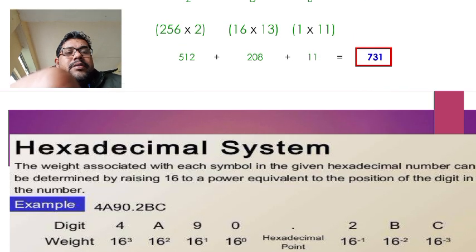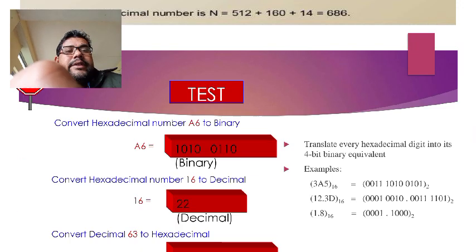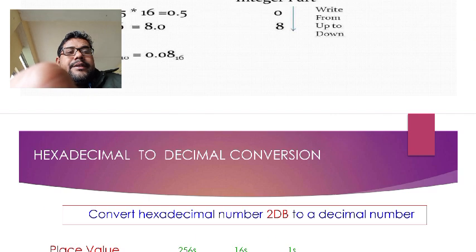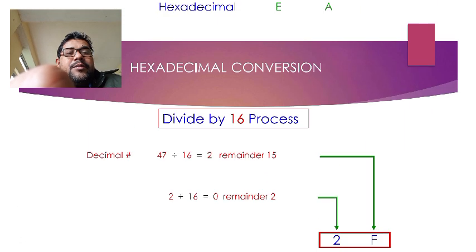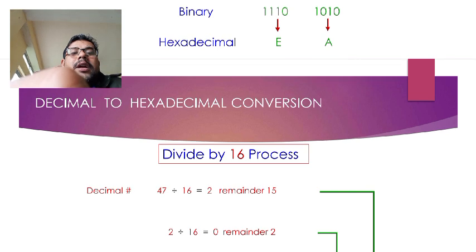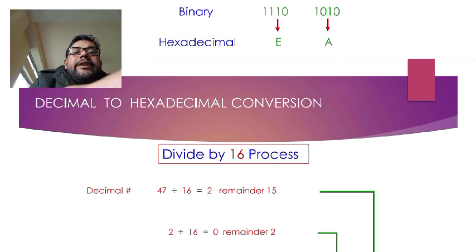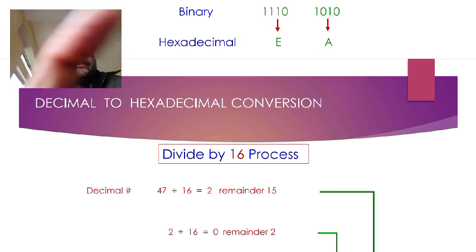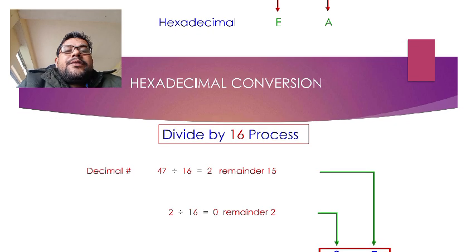I think we are doing hexadecimal conversion here. So we are converting a decimal number to hexadecimal. How are we converting?